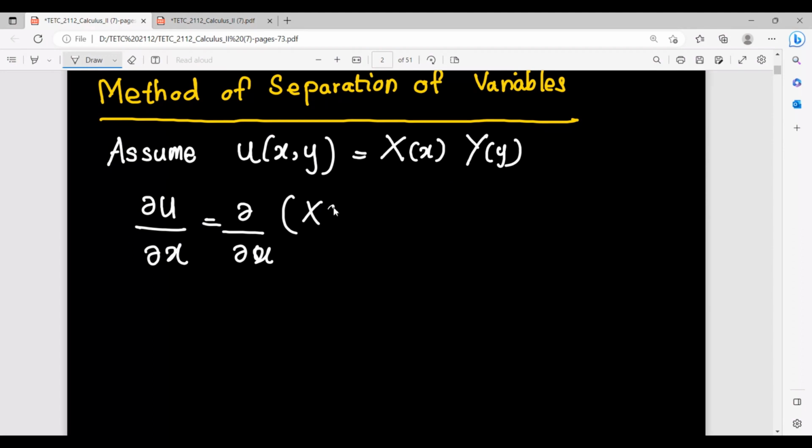So we can write capital X of x, capital Y of y. So we are going to find the partial derivative of this function with respect to variable x. Finding the partial derivative with respect to x means we are assuming all the other variables as constant. So what are the other variables here?